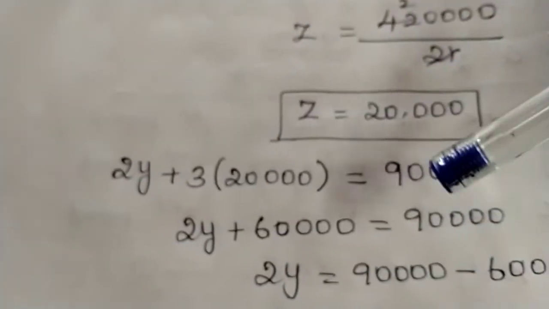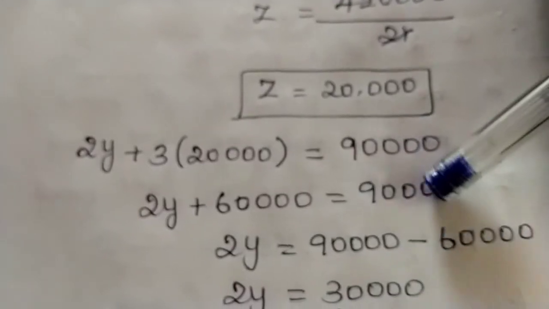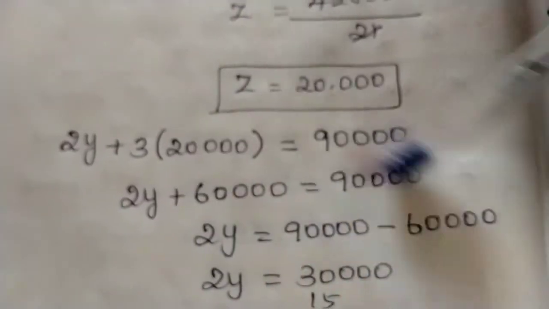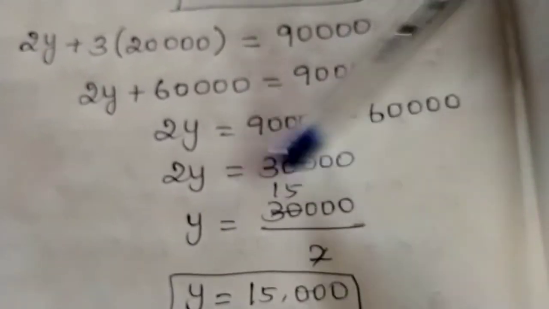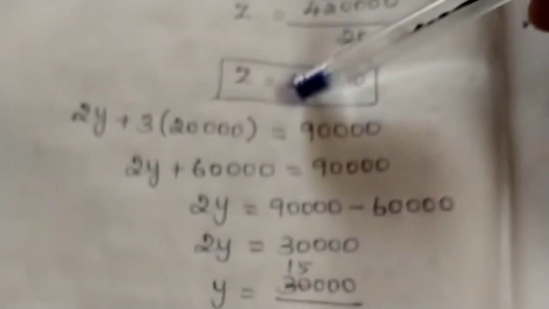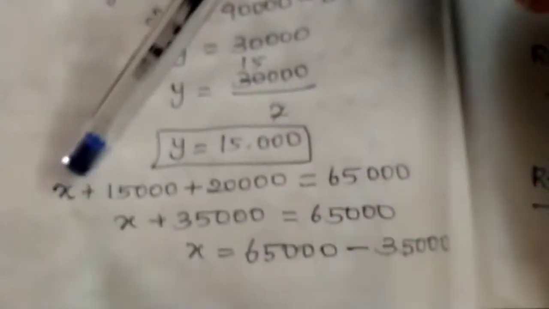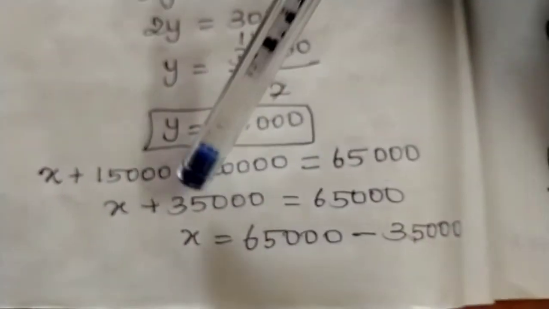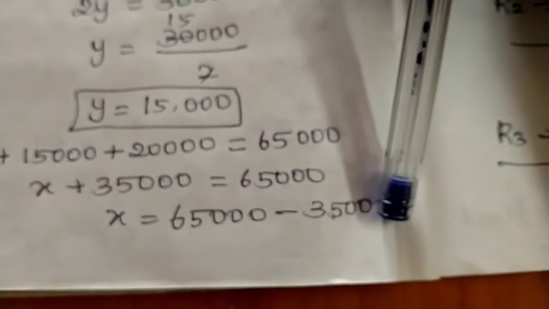Now we get 2y plus 3 2s are 60,000 equal to 90,000. Subtract, 90,000 minus 60,000 equal to 30,000. Divided by 2, y equal to 15,000. Now y, z value substitute in first equation. That is x plus 15,000 plus 20,000 value 35,000. Subtract 65,000 minus 35,000, we get 30,000.